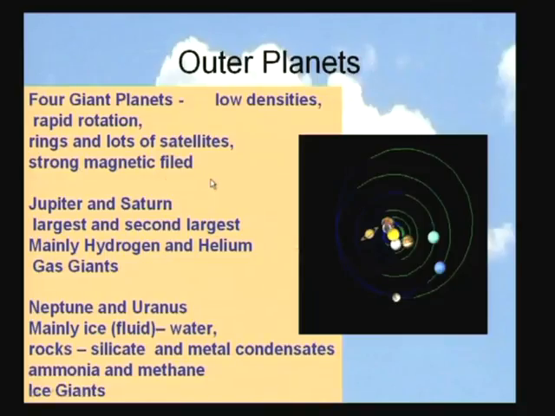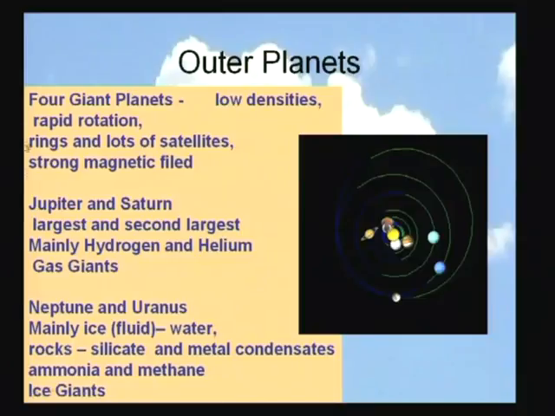Earth we know has a magnetic field, generated from within the Earth. Mars also possibly had a magnetic field at some time, and Mercury also possibly has a magnetic field. But these magnetic fields are much weaker compared to those of these giant planets, which have much stronger magnetic fields.